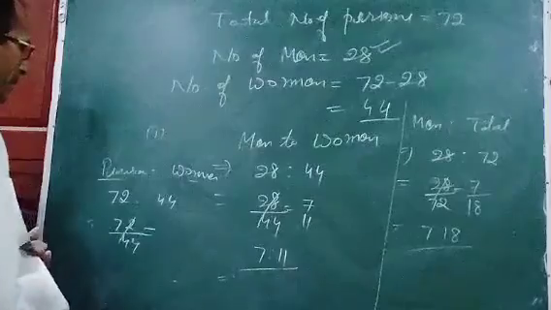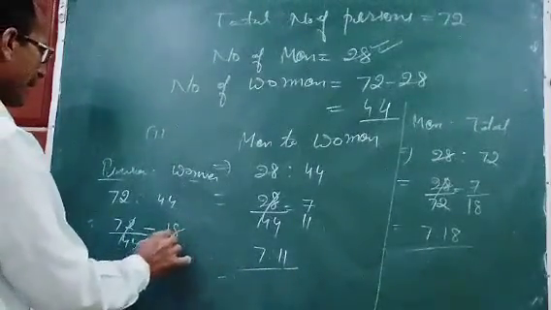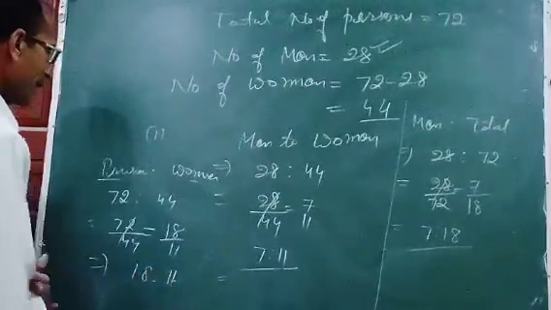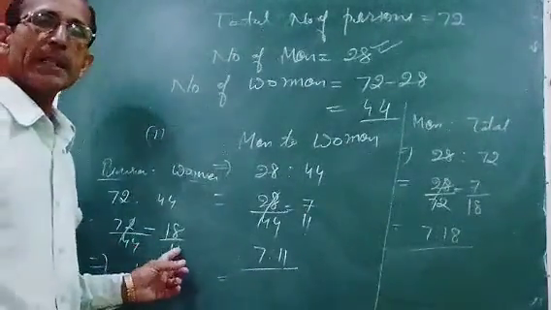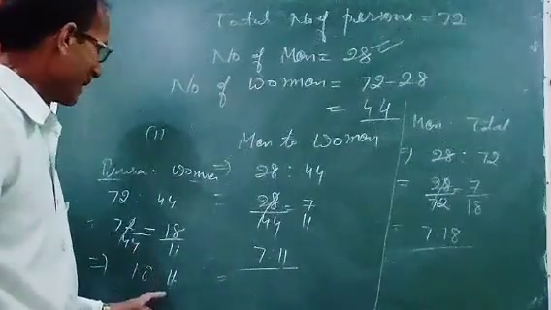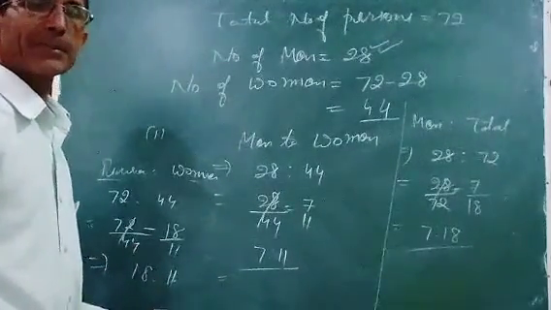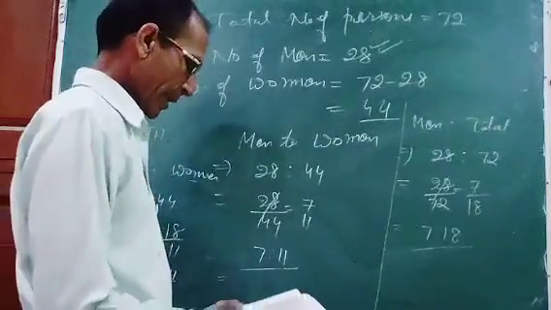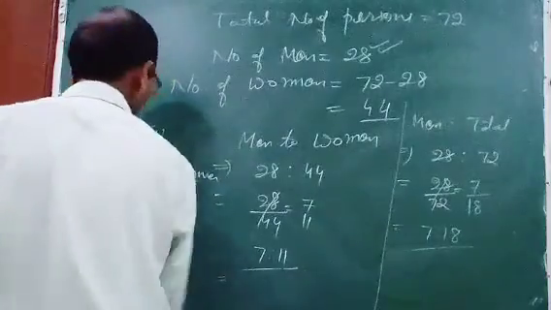So you can reduce this. 18 by 11. It means 18 is to 11. Cut by 4. 18 fours are 72 and 11 fours are 44. So 18 is to 11. Any doubt, any confusion? Understood? Okay. Now next question.